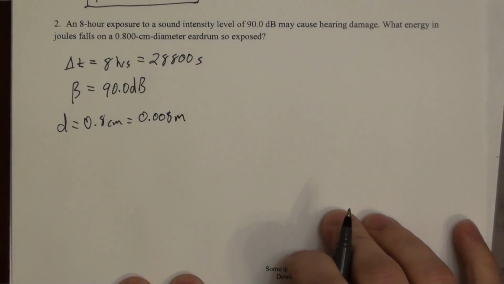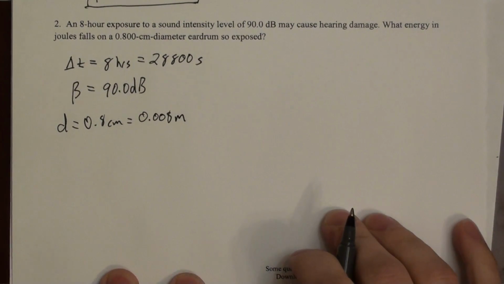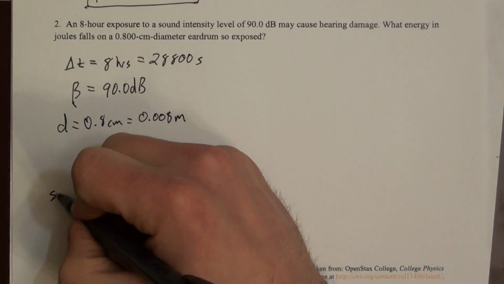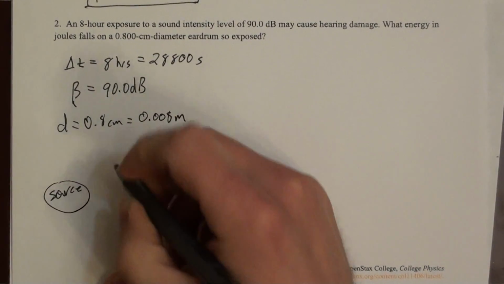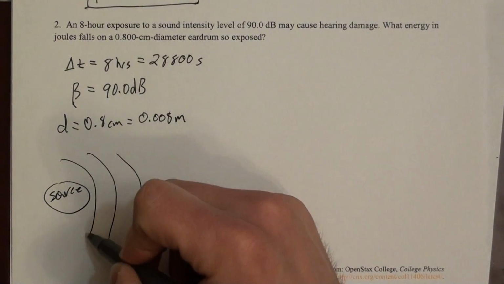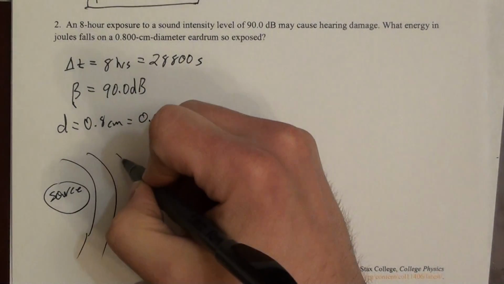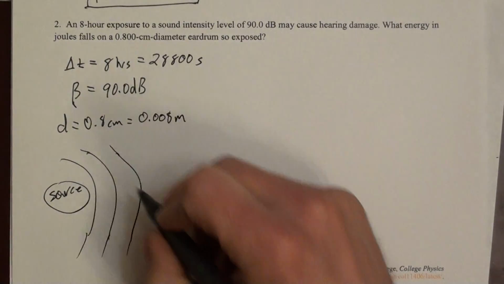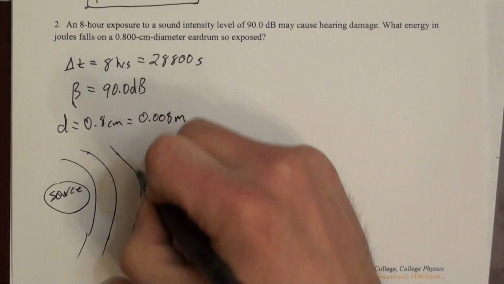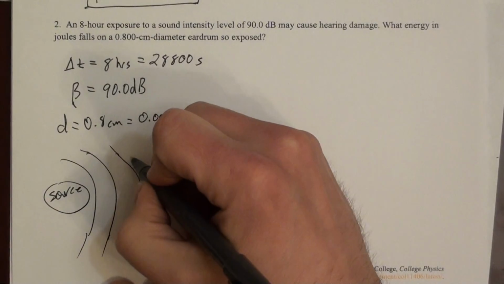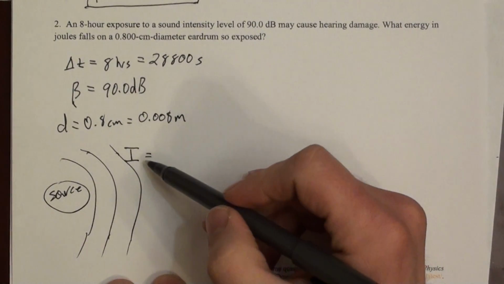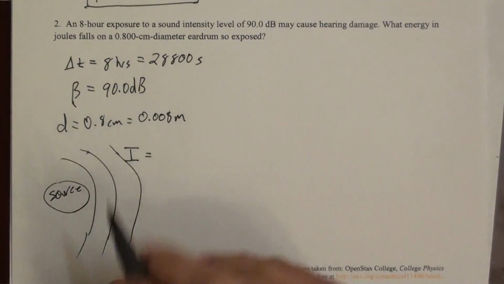Okay, so the question, again, is asking for an energy. Well, if we think about what's happening here, we have some source of sound, and it's emitting sound, and the intensity of the sound drops off as a function of distance. So at some distance we have 90 decibels, or some intensity here. So we can get an intensity from the sound level.